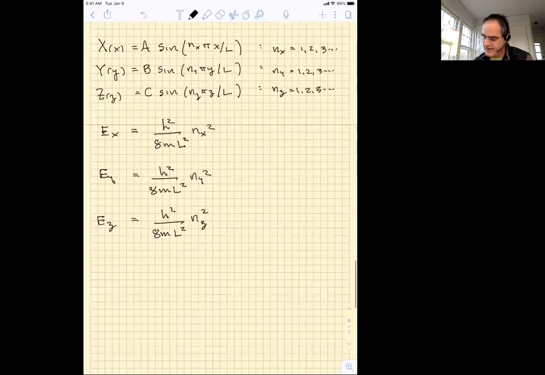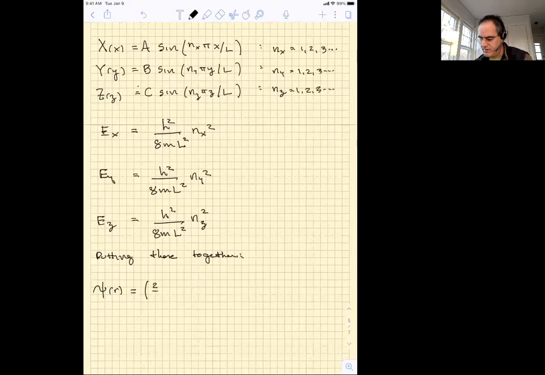And finally, putting these together, we're going to get equations for the wave function and the energy of the three-dimensional particle in a box. The wave function looks like this. Psi of r is equal to, we can normalize each of the wave functions as well. What we're going to get is that a is equal to root 2 over L, b is also root 2 over L, and same thing with c.